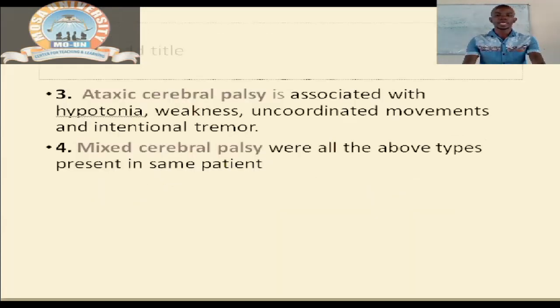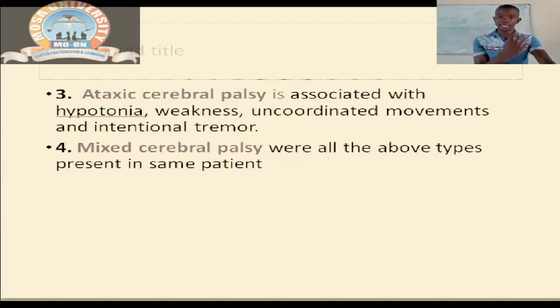The third type we'll be looking at is ataxic cerebral palsy, and this one is associated with hypotonia, weakness, uncoordinated movement, and intentional tremor. Okay, ataxic cerebral palsy primarily affects the cerebellum. Okay, this is where the lesion is, the permanent lesion that we talked about earlier.